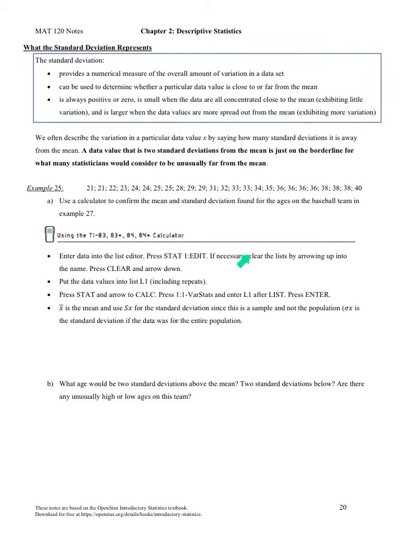Below, you will see step-by-step directions to your graphing calculator using the stat key to find our mean and our standard deviation. Go ahead and plug the values for example 25 into your calculator and find the mean and standard deviation.